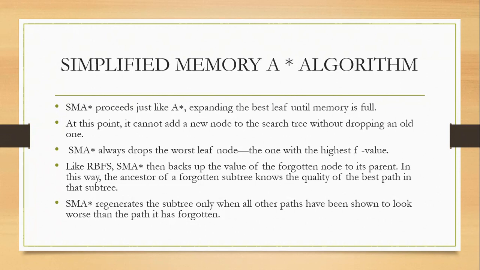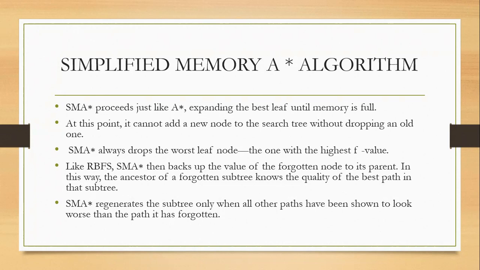The simplified A star algorithm will always drop the worst node, the node which has not been used for a long time, and that node will be deleted automatically. The one which has the highest F score is the worst node and it will be dropped. Like RBFS, SMA star, the simplified memory bounded A star algorithm, backs up the value of the forgotten node to its parent.